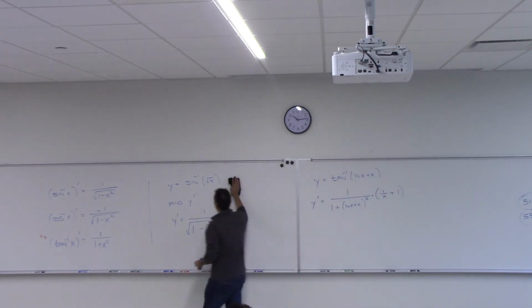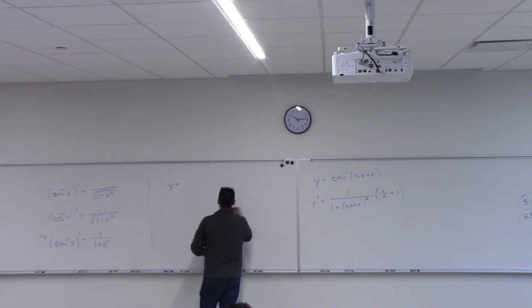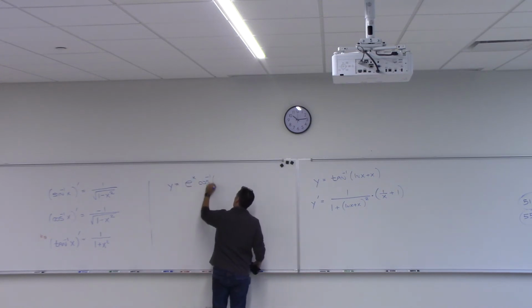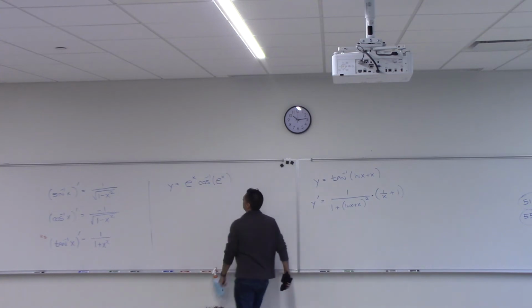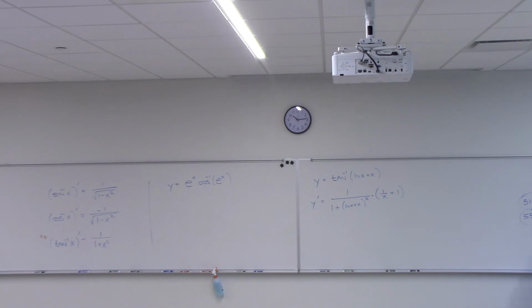We'll do one more. How about e to the x times cosine inverse of e to the x? Oh, that one looks fun. What's the derivative of this? What do y'all see?